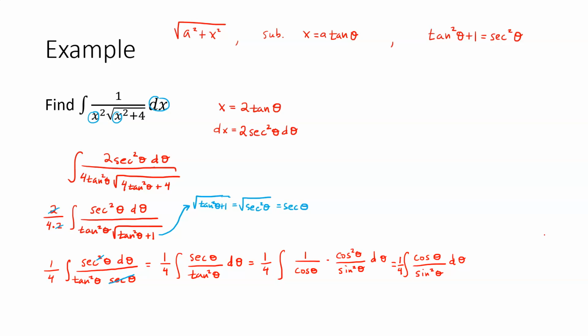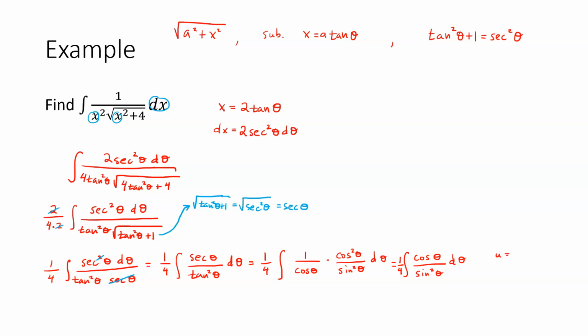Now looking at what we have here, well, we can do a simple substitution now, because if I let u equal to sine theta, then the derivative will be cosine theta, which we have upstairs. So I'm going to just try that substitution here.